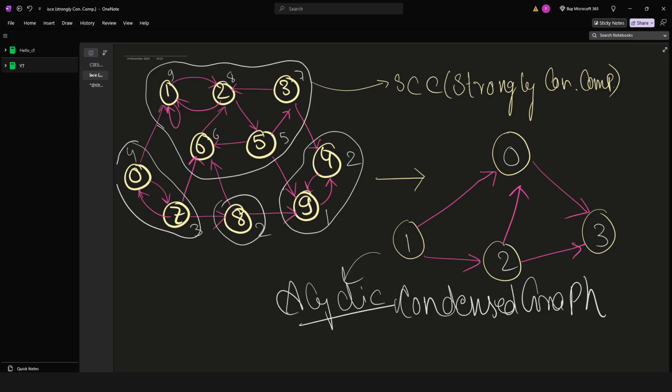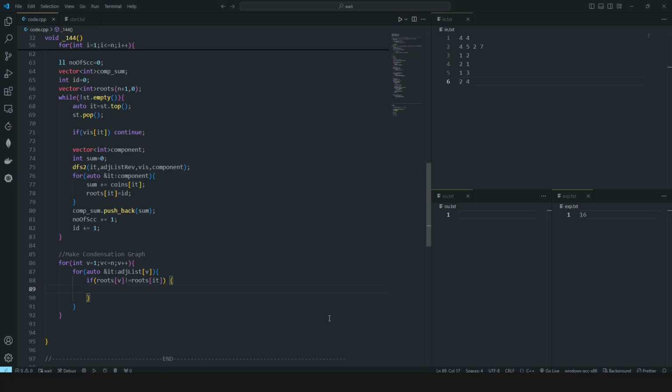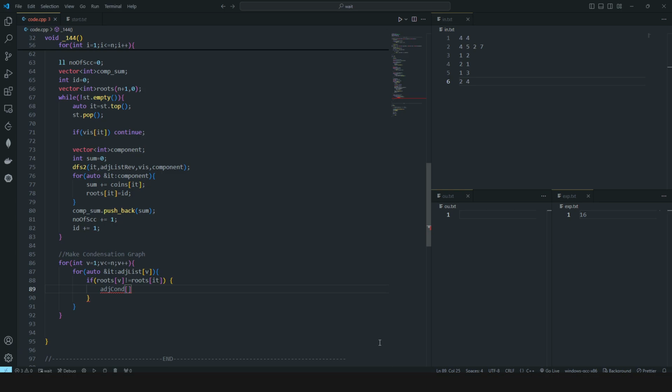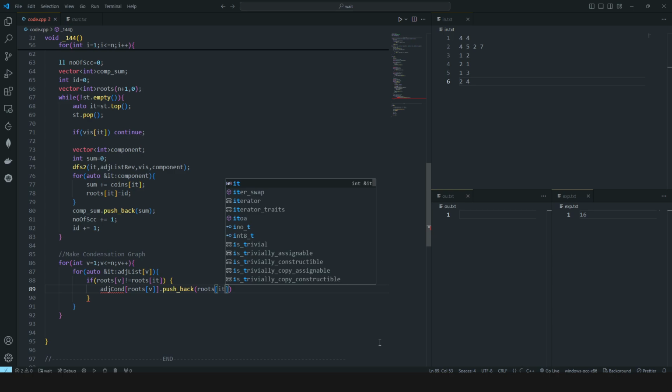Let's name it adjacency list condensed, right? So adjacency list condensed. We directed an edge from 1 to 0, right? So the root of this towards the root of this, that is, roots of V towards roots of this IT.